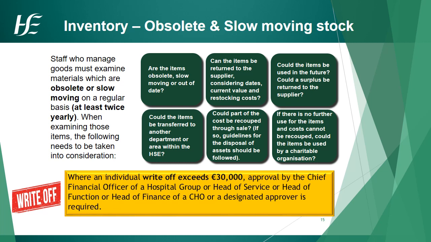If there is no further use by your department or other departments within the HSE, and no value can be recouped, then you may consider donating the item to a charitable organisation. If write-off is considered, be mindful that an individual write-off which exceeds $30,000 requires approval by the Chief Financial Officer of a hospital group or Head of Service or Head of Finance of a CHO or designated approver.